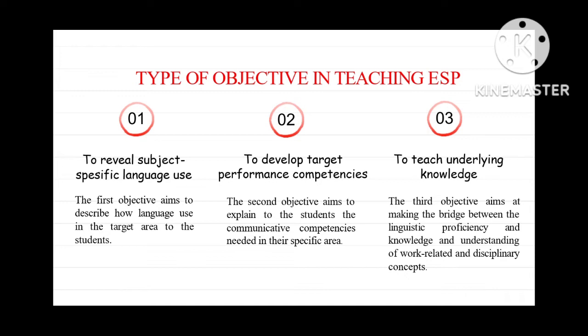Second, to develop target performance competencies. The second objective aims to explain to the students the communicative competencies needed in their specific area. The link between needs analysis and teaching to develop target performance competencies is straightforward.